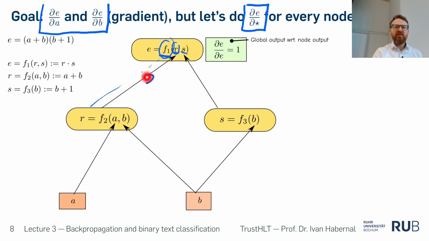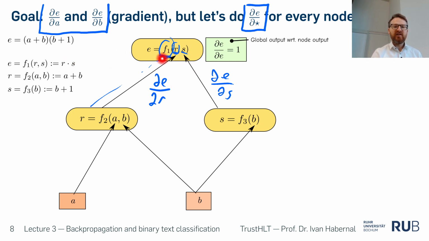So we are interested in the partial derivative of E with respect to R, and the partial derivative of E with respect to the other argument, S. We need to do it for every argument. So what is the partial derivative of E with respect to R?